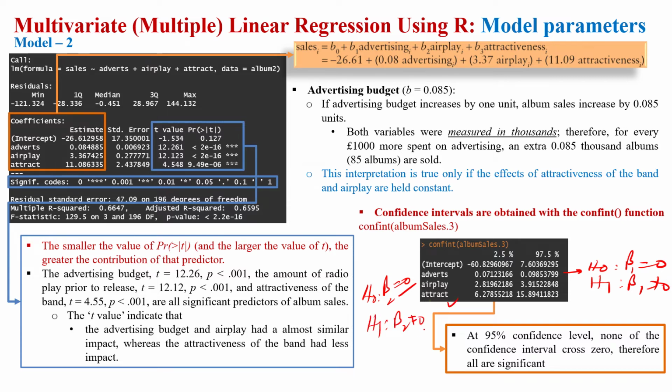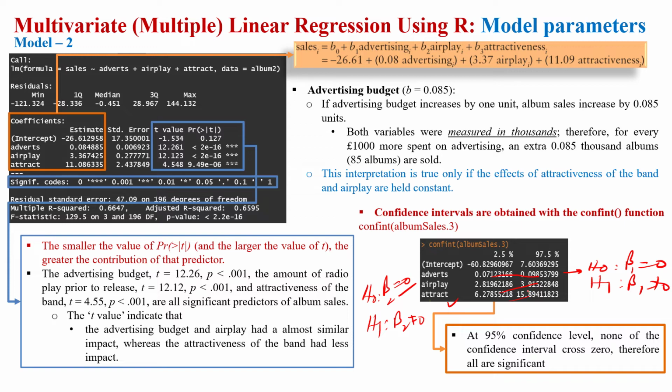For attractiveness, h naught would be beta 3 is equal to 0 and the alternative would be beta 3 is not equal to 0. If the 0 value is lying within this confidence interval, we will accept h naught. If the 0 value is not lying within this confidence interval, we will reject h naught. In none of these variables is the 0 value lying within the confidence interval.